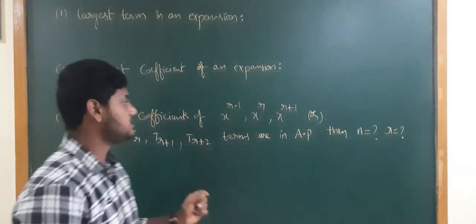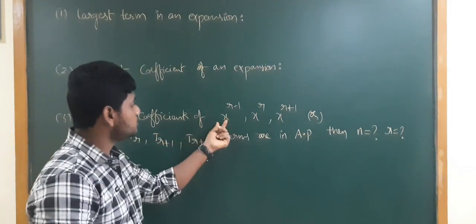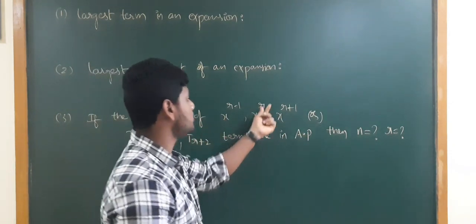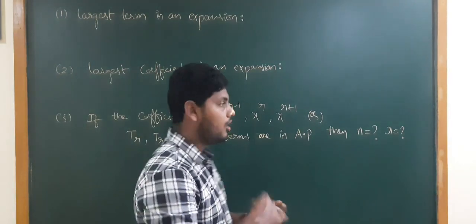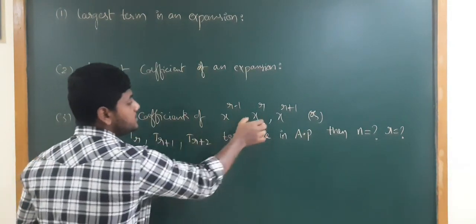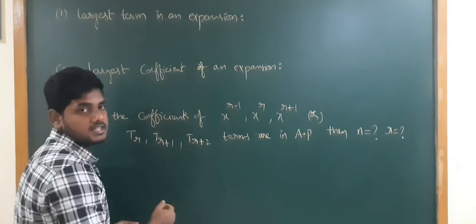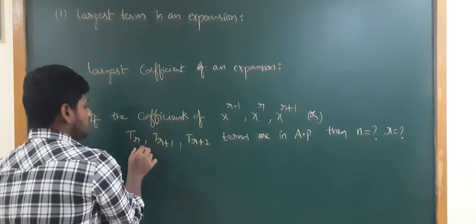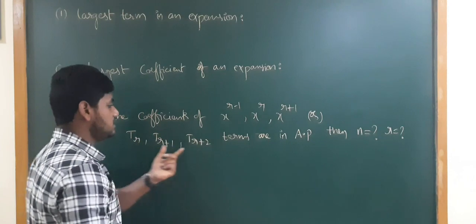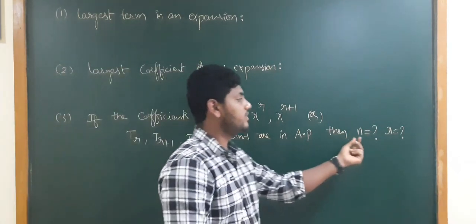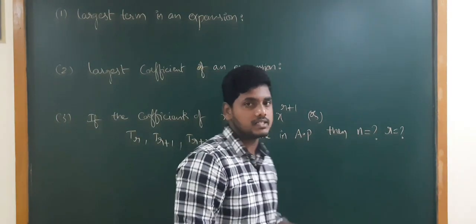That means in an expansion, if the coefficients of x to the power of r minus 1, x to the power of r, x to the power of r plus 1, or the terms T r, T r plus 1, T r plus 2 are in AP, then find the n value, or sometimes they will ask the r value.